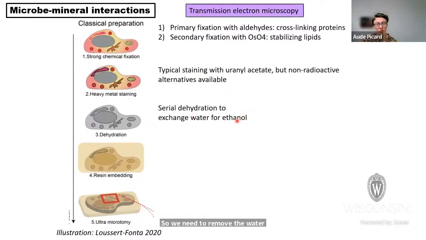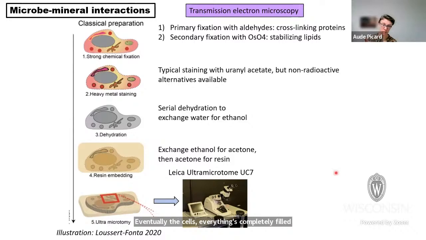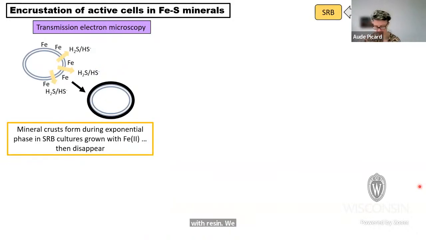We exchange the water with serial dehydration for ethanol. Then we exchange ethanol for acetone because acetone can dilute resin. Then we slowly replace acetone with resin. Eventually, everything is completely filled with resin. We cure the resin, we make thin sections, and then we're finally able to image.